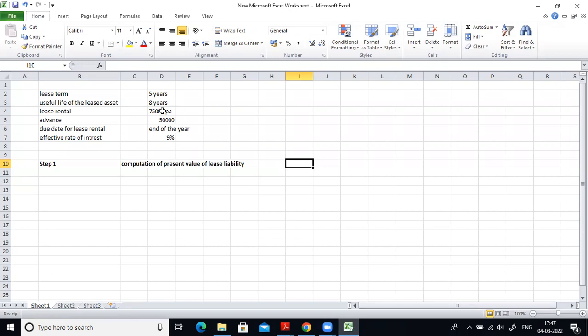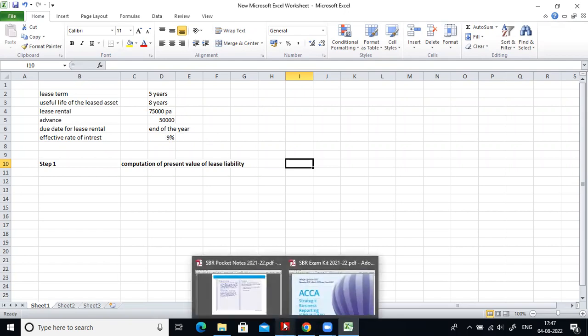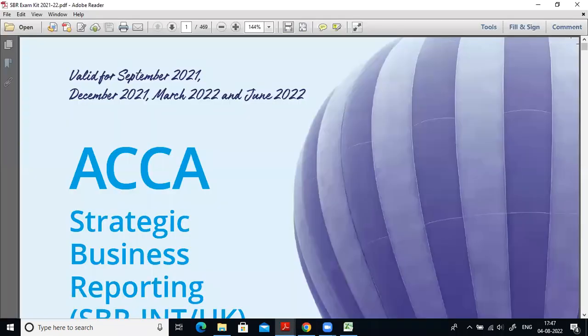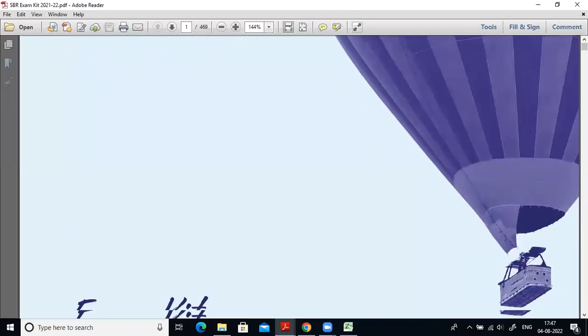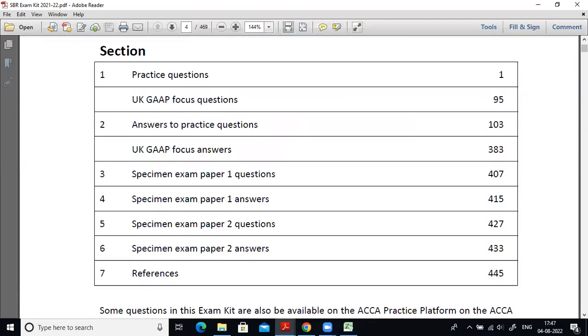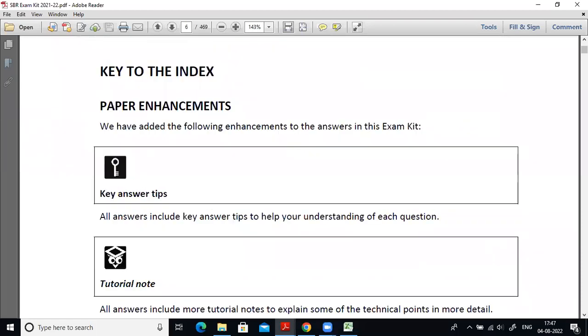Now here, because there is no change in the lease rental, we are paying only 75,000, so you can take the annuity factor for 5 years at 9%. Now these annuity factors, I believe everyone knows. By considering that annuity factor, you can compute the present value of the lease liability.